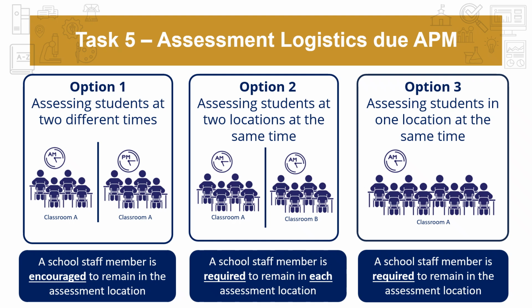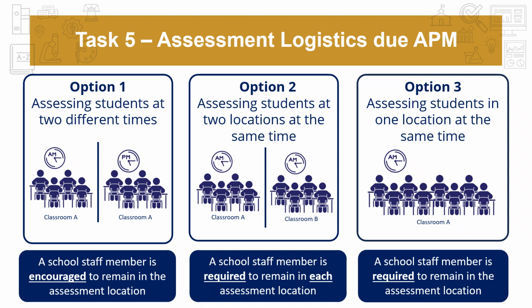For NAEP 2026, there are 3 assessment administration options for schools assigned to school devices and internet. The first option is assessing students at 2 different times and is NAEP's traditional mode of assessment. A school staff member is encouraged to remain in the assessment location.